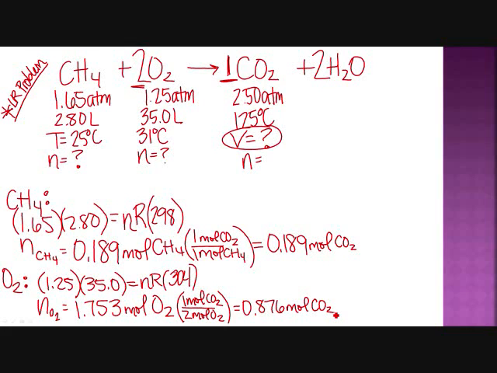We are no longer going to be doing 2 sets of solving, because now we have to make a choice. Which are we going to choose, the 0.189 or the 0.876? The lowest of the 2. So this is the moles that we use to then solve for volume of CO2. Now we're done with this, and now we're just using this.